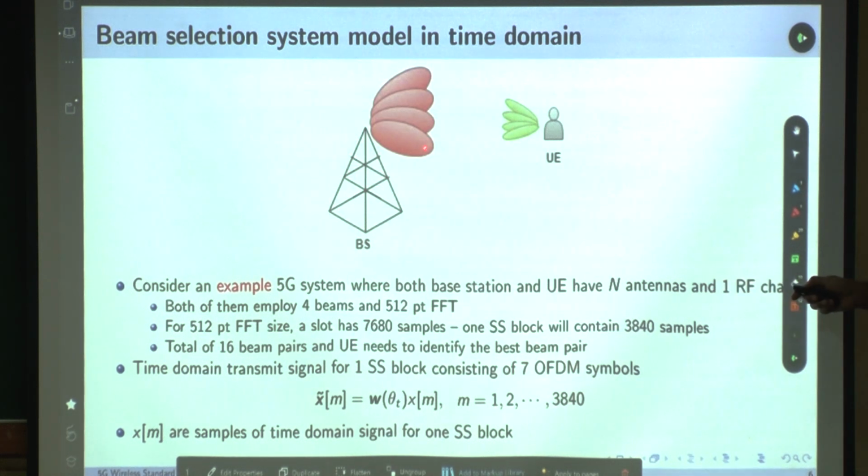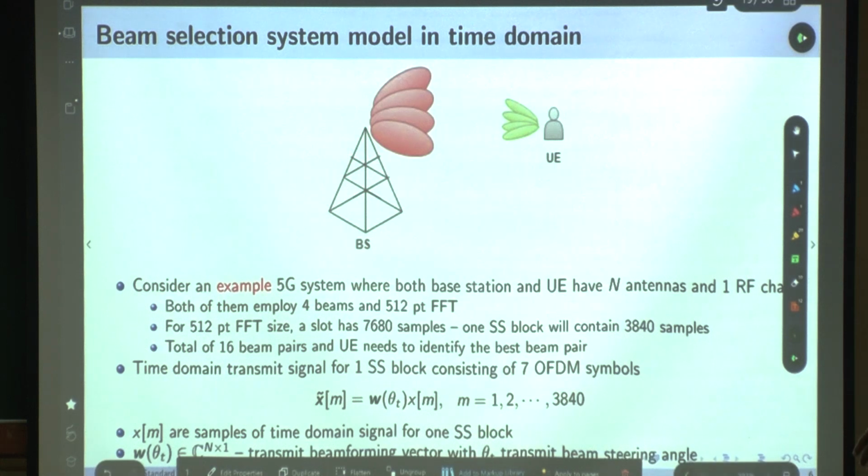It has to figure out whether this beam pair is best, or this beam pair, or this one. It goes on like this. 16 such combinations are there. What do these 16 combinations tell us? Which is the best transmit direction and which is the best receive direction? Because at the beginning, neither the base station nor the user is aware of that.